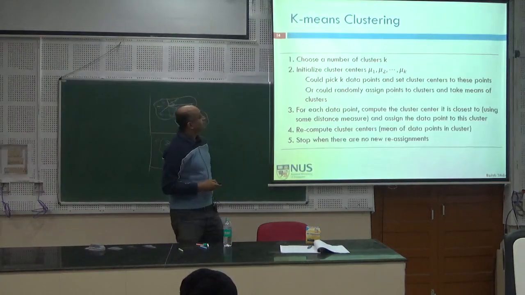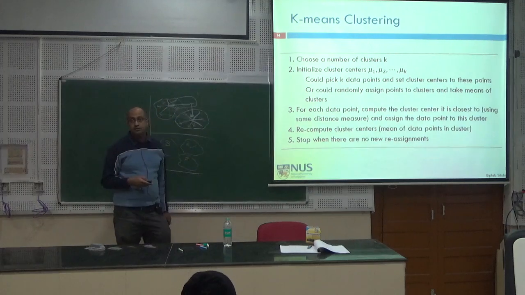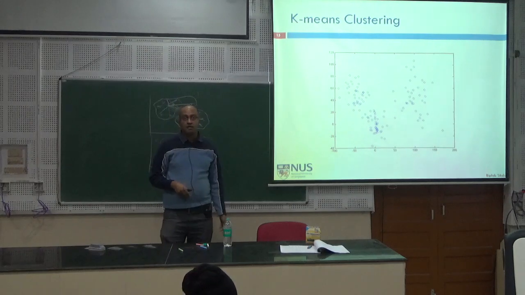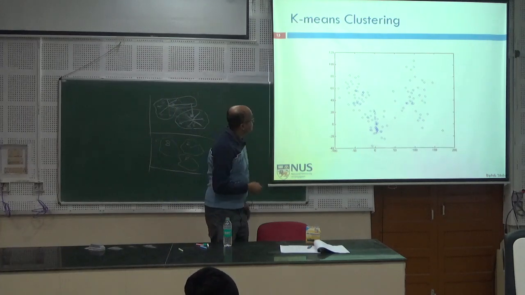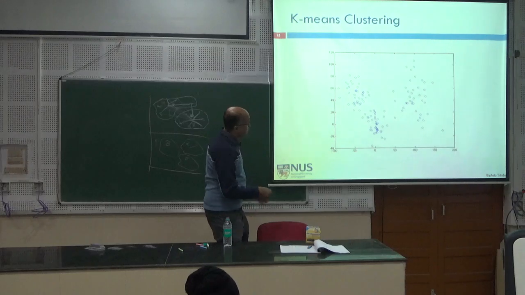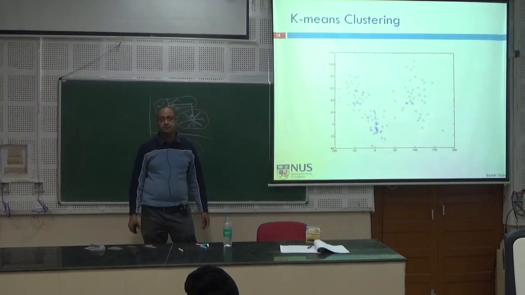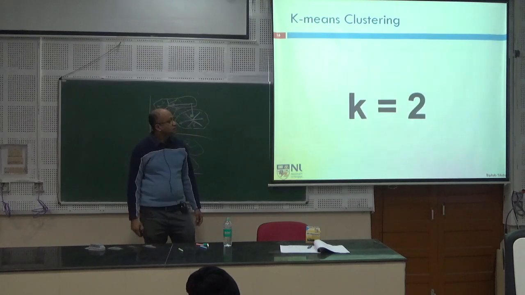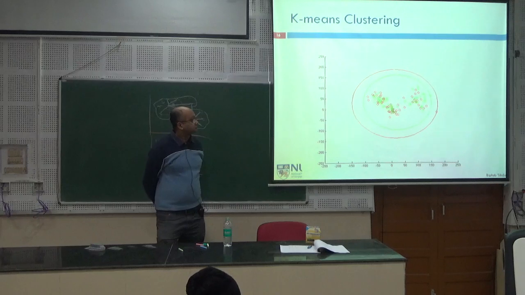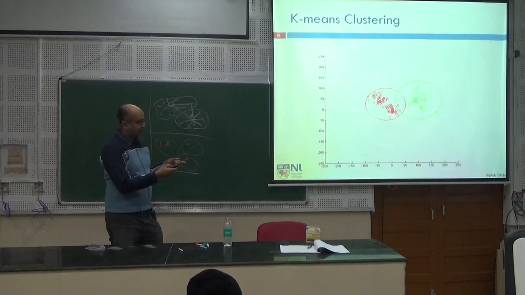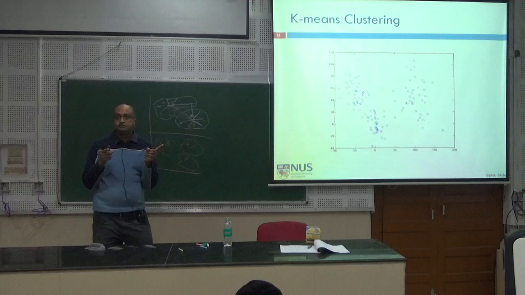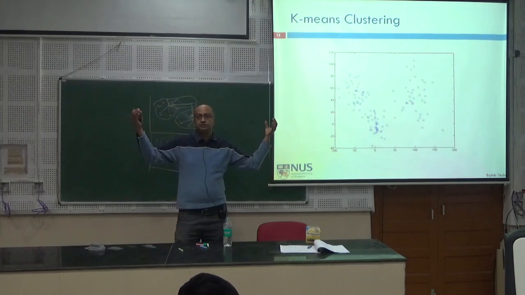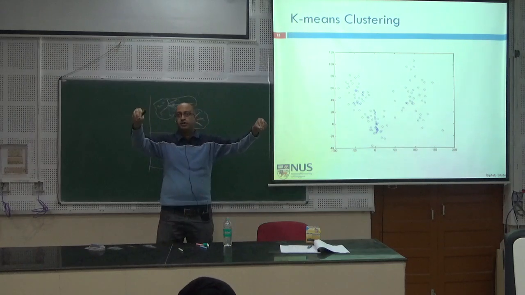All right. So let's take an example of k-means clustering and see what happens. Let's say this is my data. No labels. Everything is a circle. Now I want to do clustering. We'll start with k equals 2. What you will see is it has randomly placed two center points.